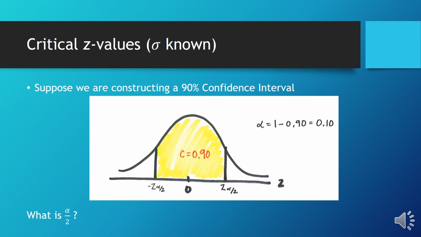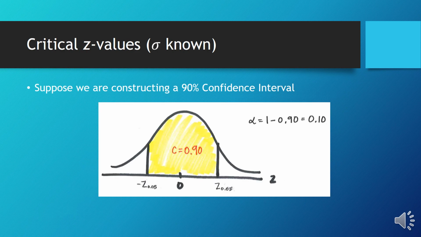Since you can see the area that I've shaded in yellow here, that represents 0.90, so that's 90% of the area under the curve. That means there's 10% left. Now, that 10% has to be split up on both sides, so there's going to be 5% on the left side and 5% on the right side. And so that's where the alpha over 2 comes in. So alpha over 2 would be 0.05.